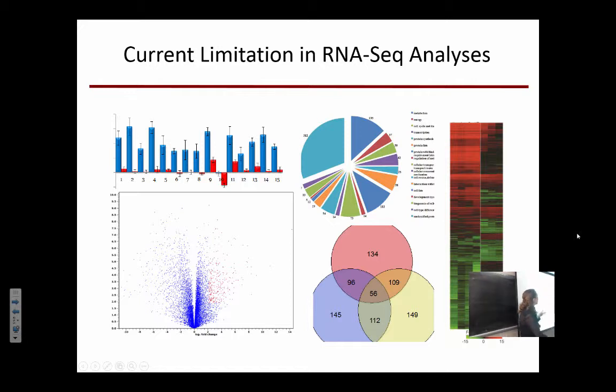What all of these have in common is a very single-gene approach. But in biological systems, genes often don't work at a single-gene level. There are networks of genes and there's redundancy, and sometimes you knock a gene out and it's compensated by another gene. So we wanted to take an alternative approach to analyzing RNA-seq data. Not necessarily a better approach, but an alternative one.